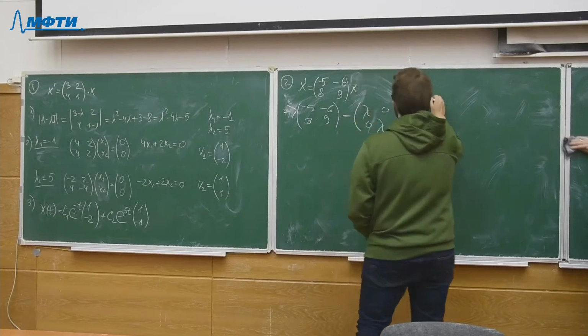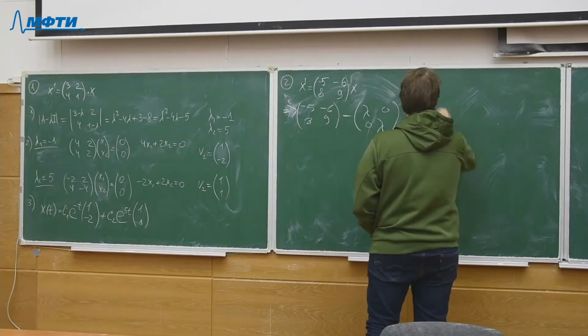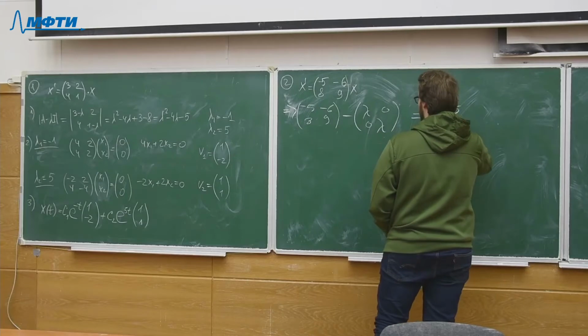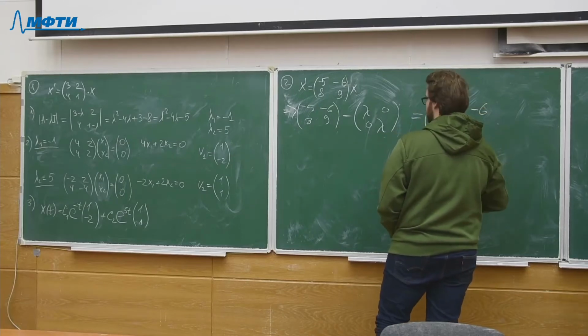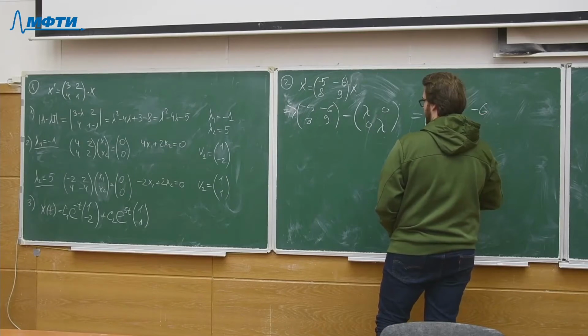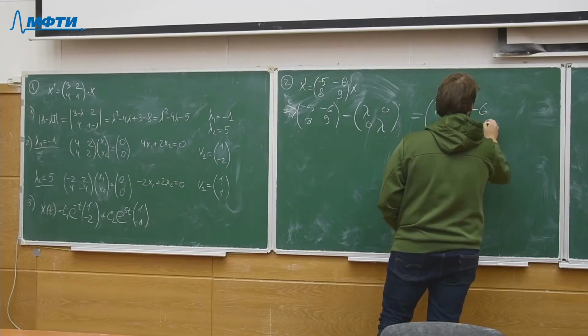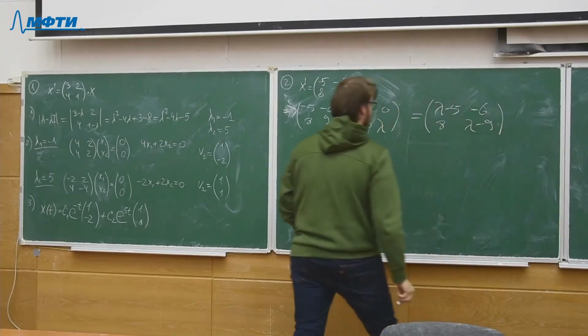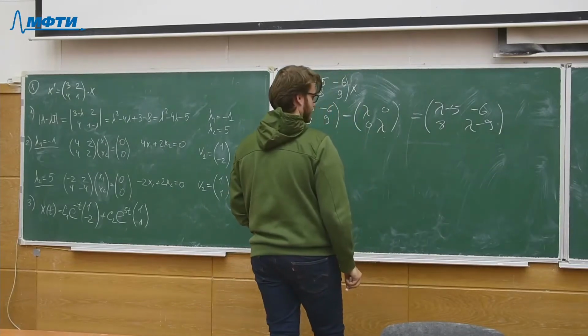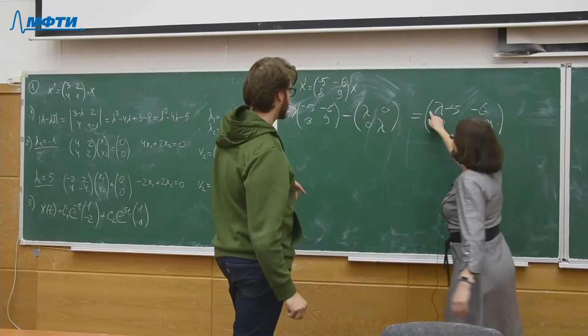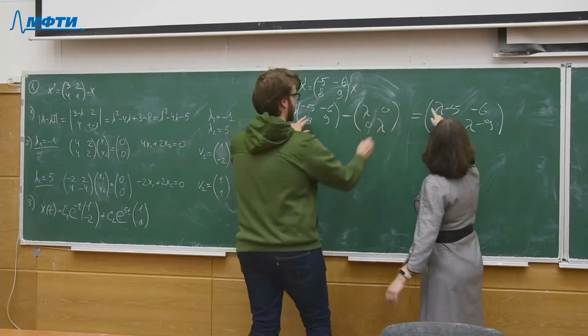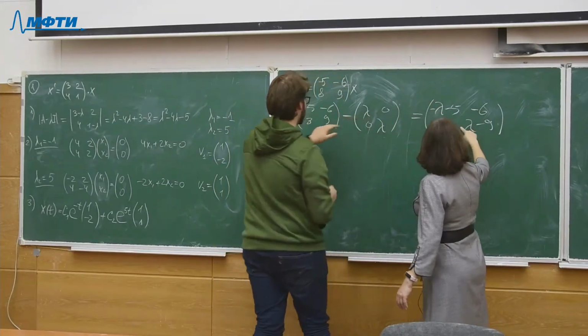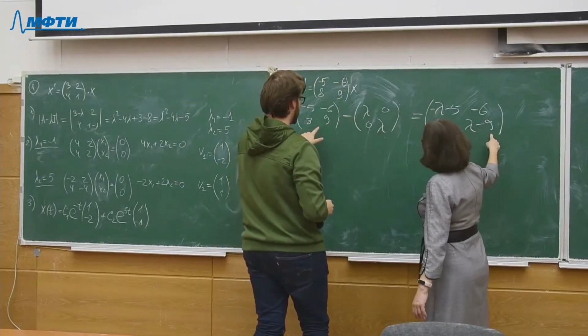This will become 6, 8, and lambda minus. Not so, minus lambda, because we have minus lambda. Yeah, minus lambda, and minus minus lambda plus 9, so 9 minus lambda.